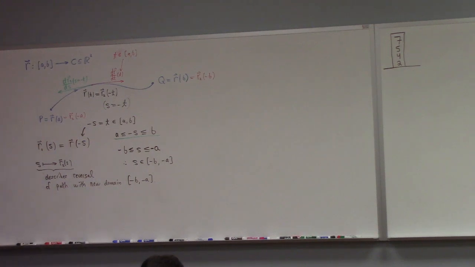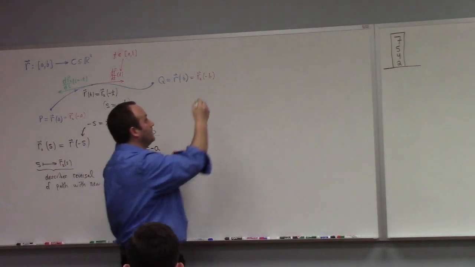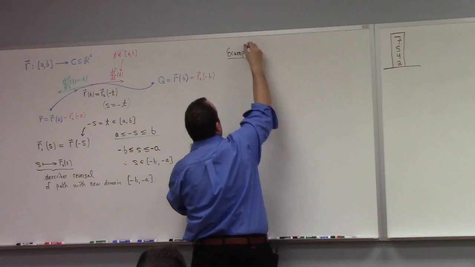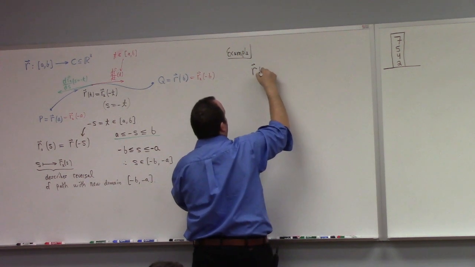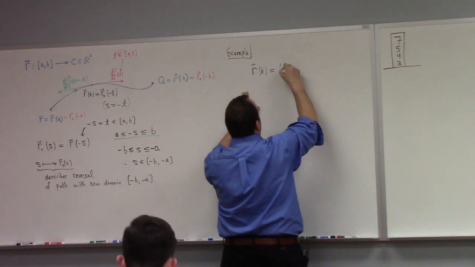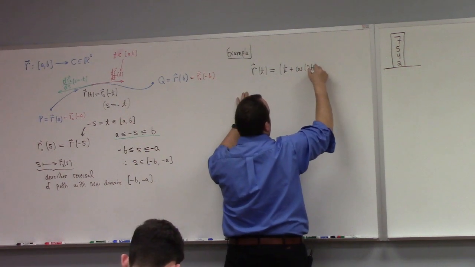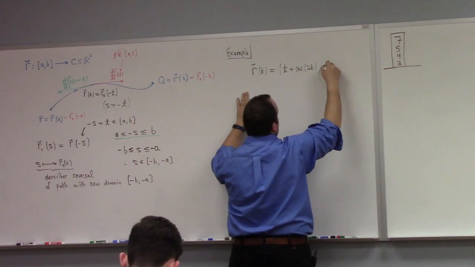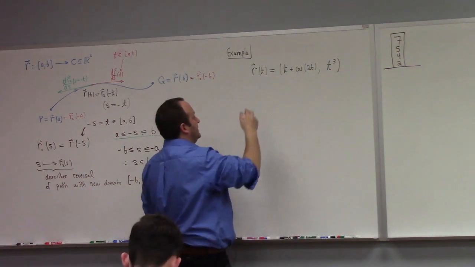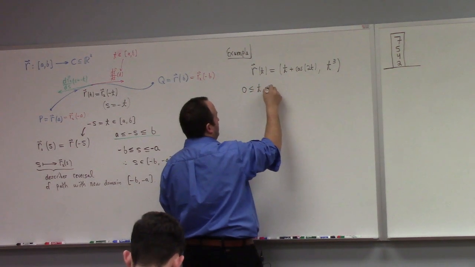Let me look at this for a specific example to try to make it sink in better. Let's look at r of t equal to t plus the cosine of 2t, and then t cubed, for 0 less than or equal to t less than or equal to 2.